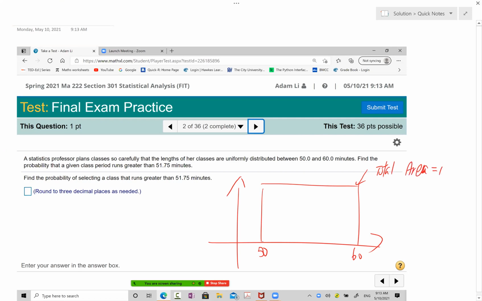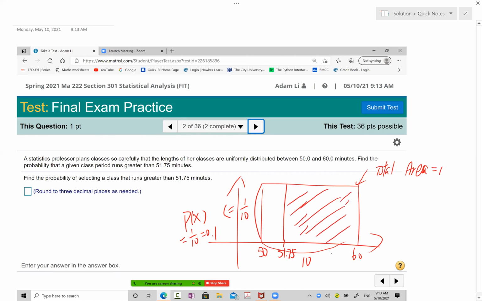If the base is between 50 and 60, the base is 10, then the height must be 1 over 10. And the height is what we call the probability, P of x equal to 1 over 10, or 0.1. Now, they want to find the probability that a given class runs greater than 51.75. 51.75 is right here. Greater than that, they want this area right here.